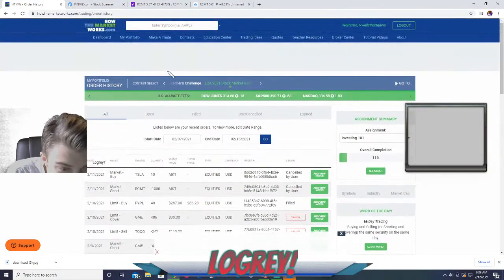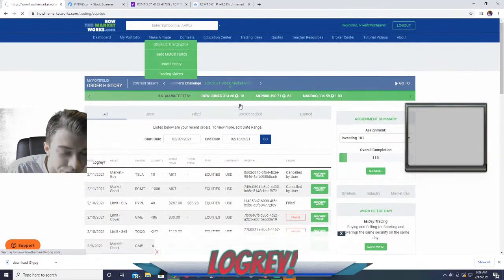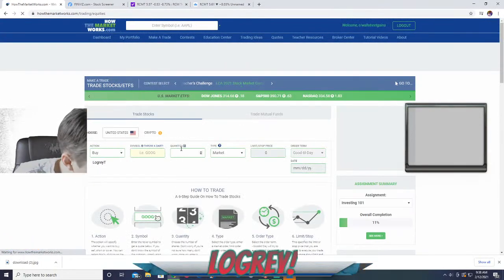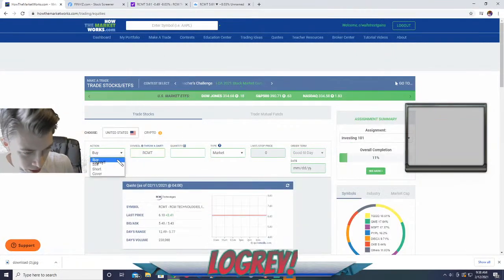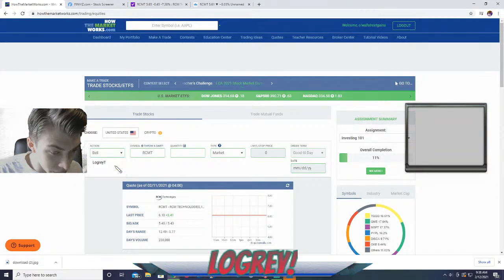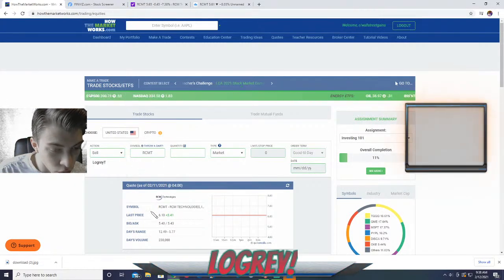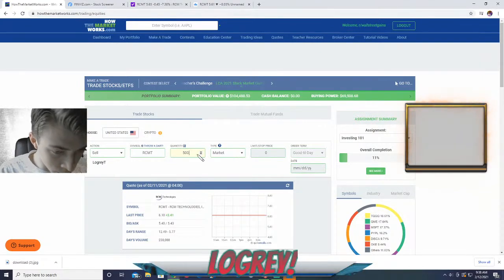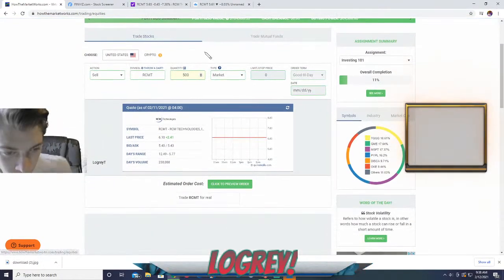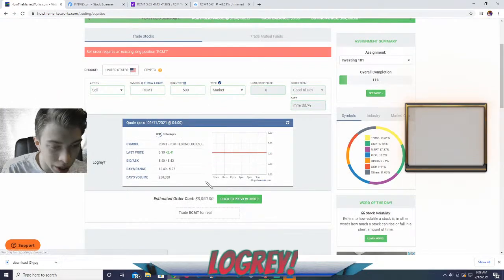So let's go ahead and make a trade, stocks, ETFs, and then RCMT. I wish it had gone through at the beginning of the market, because I could have already made a good amount of money, because it opened at 610 and now it's already at $5 something. So let's go ahead and short 500 just in case it goes back up a little bit, and then we'll short it at a higher price if it goes back up a little bit.